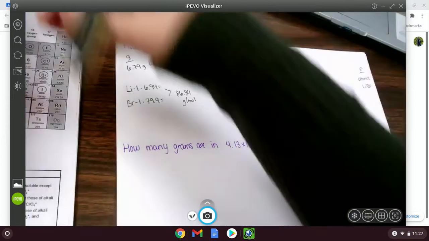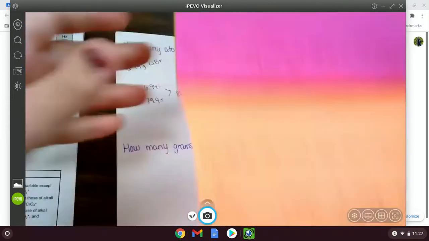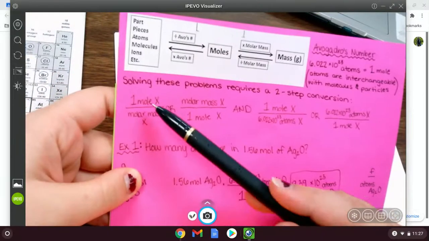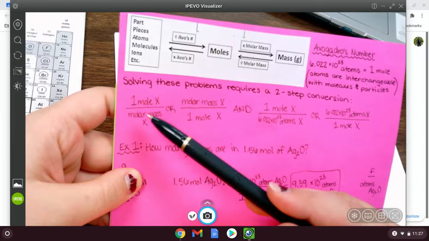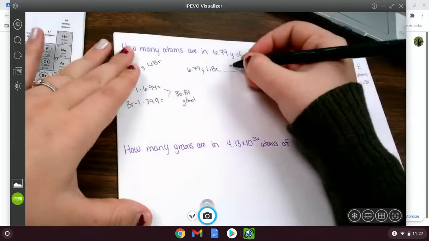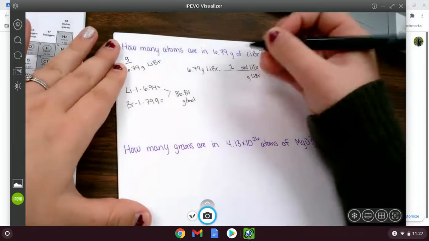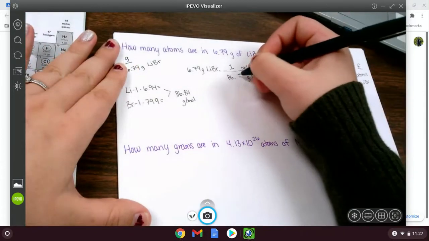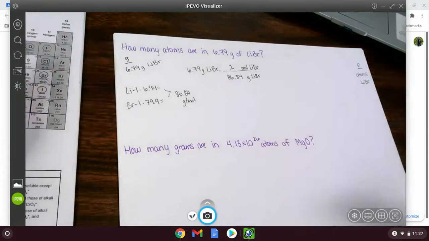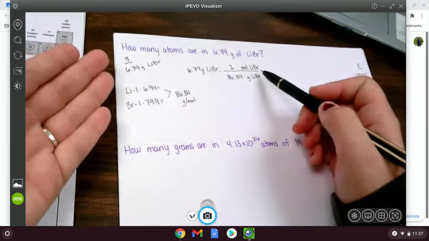And again, I'm using these conversion factors. When we have grams and moles, we're plugging this in. So we're going to have 1 mole over the molar mass. So 1 mole over 86.84. So if we stop here, we're in the unit of moles.